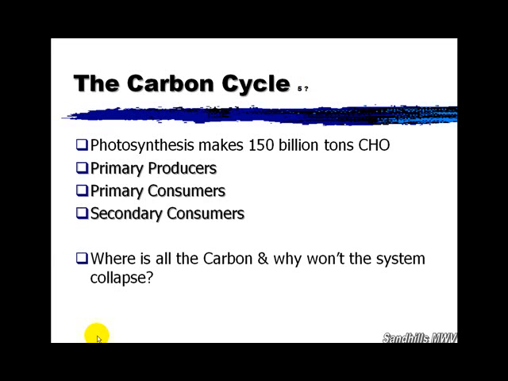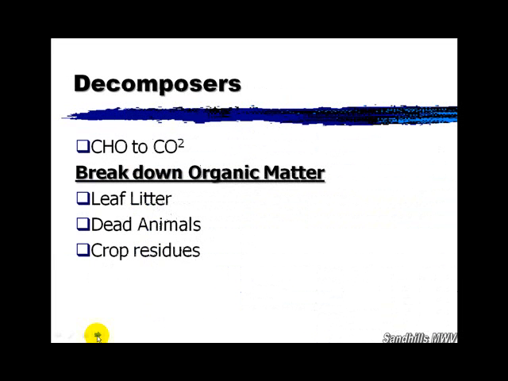So why is not all of the sugar in the organisms that eventually eat it? How does it get back into the air? Well, the thing that gets it back into the air are these decomposers, and most all of the decomposers are microorganisms.